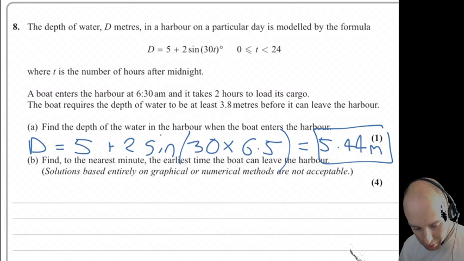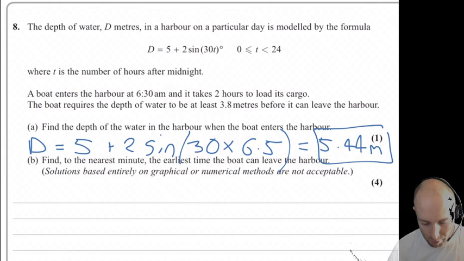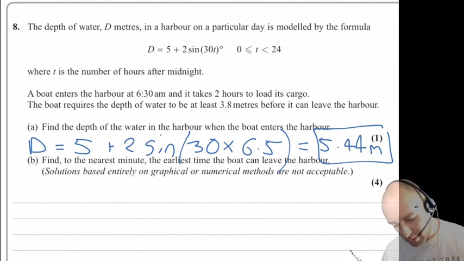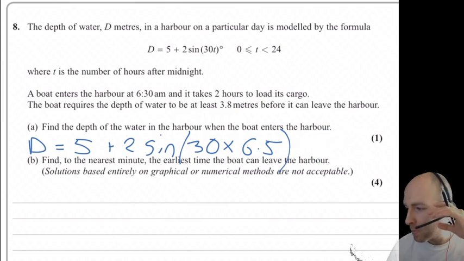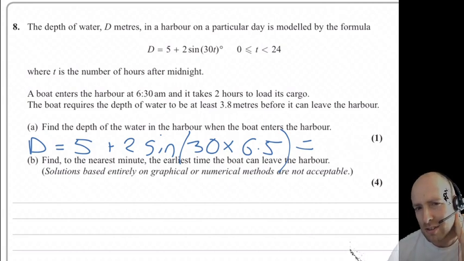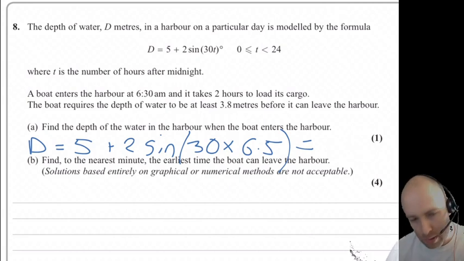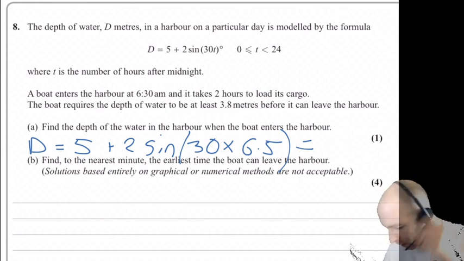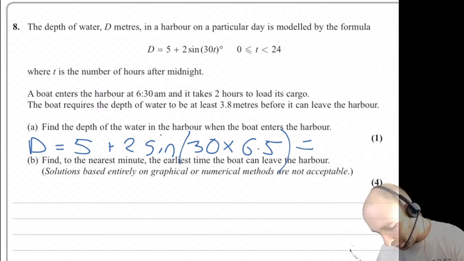Damn, what's it going to be? Yeah, I think this probably should be in degrees. It's more a gut feeling because we've got sine of 30 times t, and 30 radians is huge. So yeah, I think it's going to be degrees for this one. So 4.48 meters for this one.